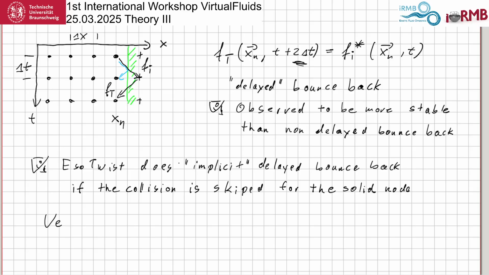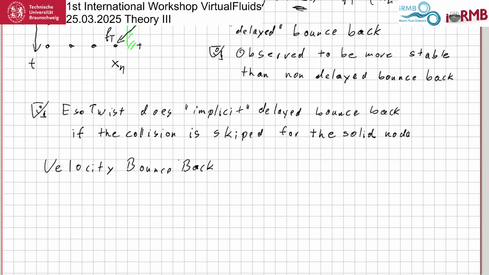So if the velocity that you want to impose is not zero, you can also do this here. Then you have to add something to the bounce back, which you can do with delay and without delay. So f_{-i}(x_n, t + either 2 for delayed or non-delayed) is the post-collision state from before t.